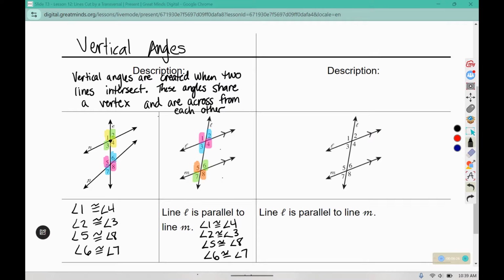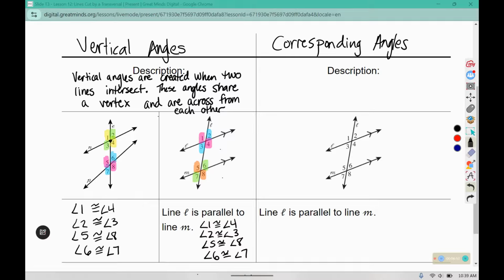In parallel lines, there are also other types of angles that are congruent, or the same measure, and we call these corresponding angles. When two lines that are parallel are cut, the line that cuts them is called a transversal.